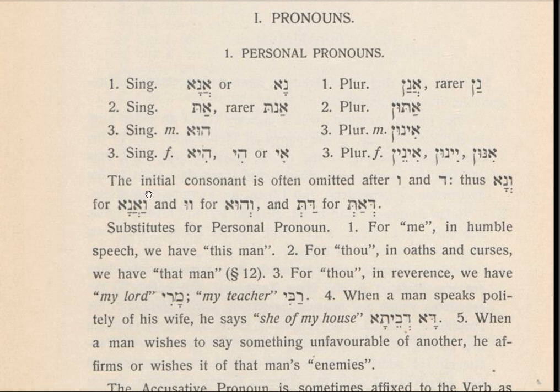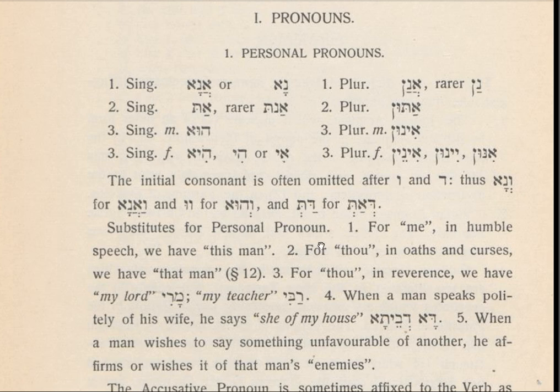Note, the initial consonant, the first consonant, is often omitted, left out, after vav and d. Thus, vena instead of v'ana, and vu shortened for v'hu, and dat for da'at. So note these abbreviations: dat for da'at, vu for v'hu, and vena for v'ana.